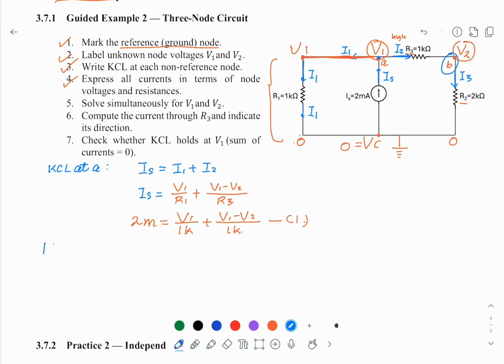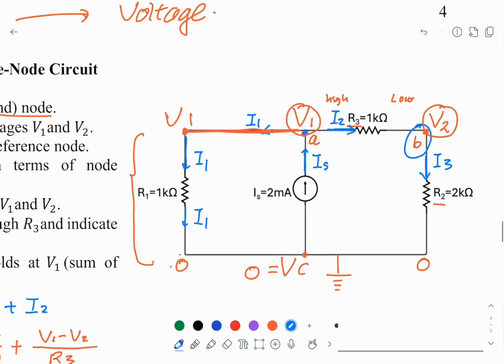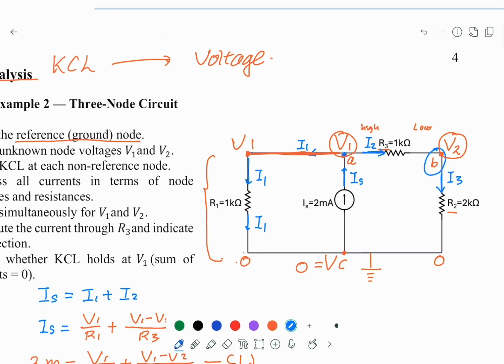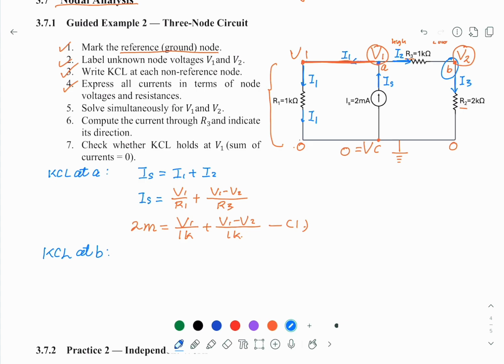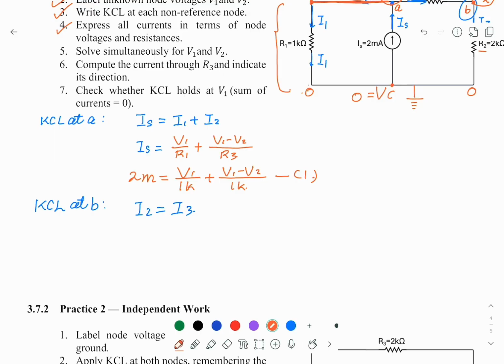Next, look at KCL at B. The B here has one in, one out. So I2 must equal I3. I2 can be expressed as the difference between V1 and V2 divided by R3.